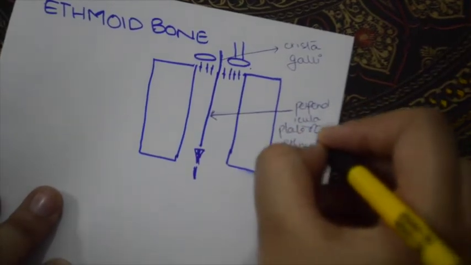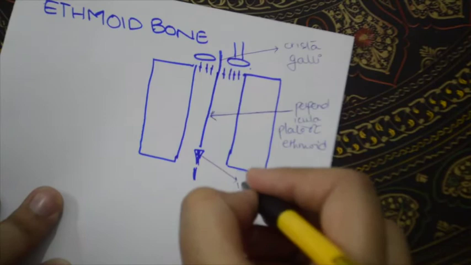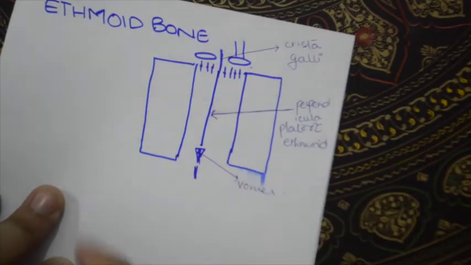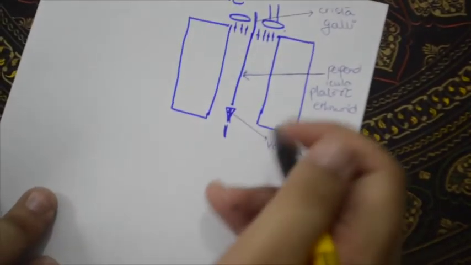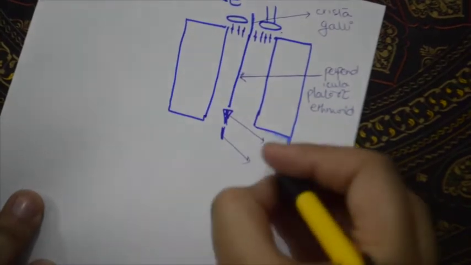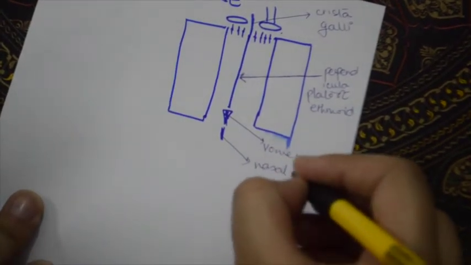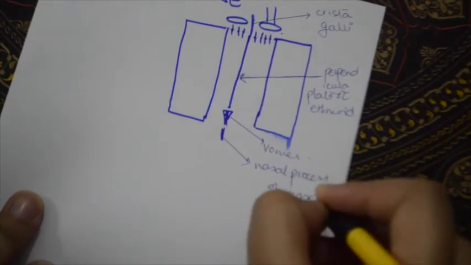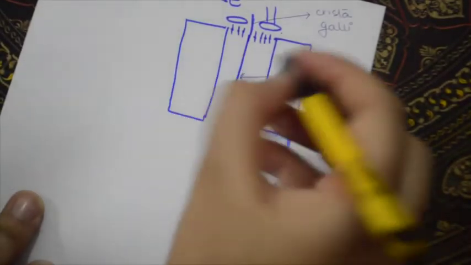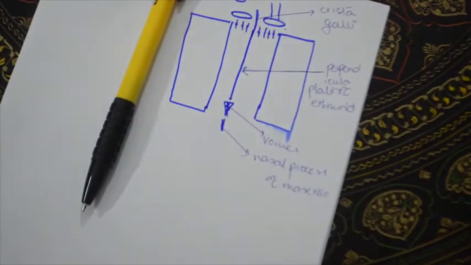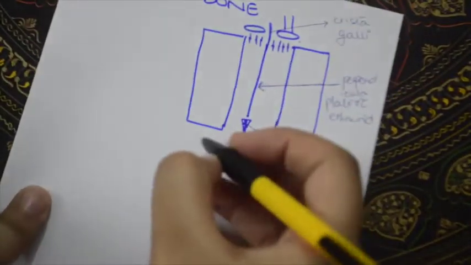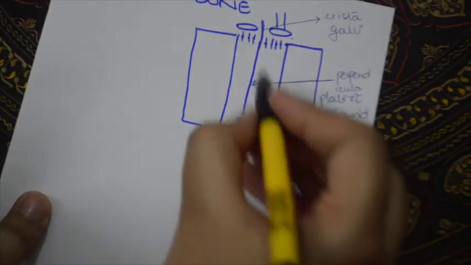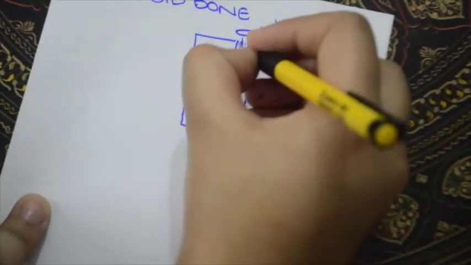This is vomer, which makes the septum, nasal septum. This is the nasal process of maxilla. We'll have this over here. We'll draw it like this.